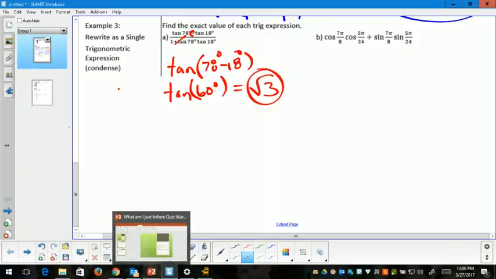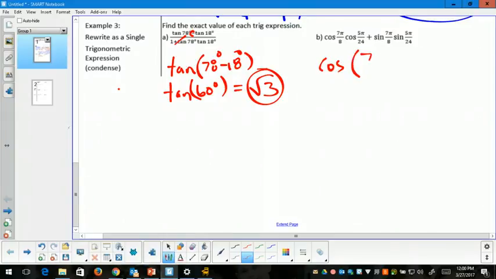For the next one, I have to remember the law of cosines. With the law of cosines, the sign, when it's all written out, is opposite of what is actually happening to the angles. So this one is actually a difference of cosines. This is actually the cosine of 7 pi over 8 minus 5 pi over 24.